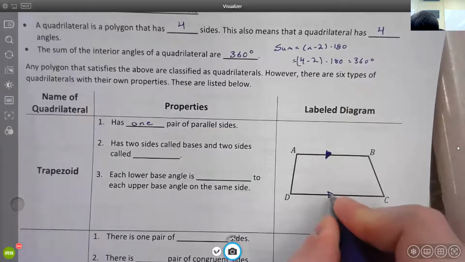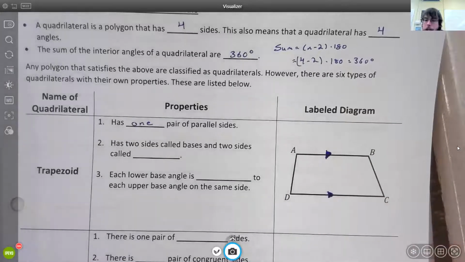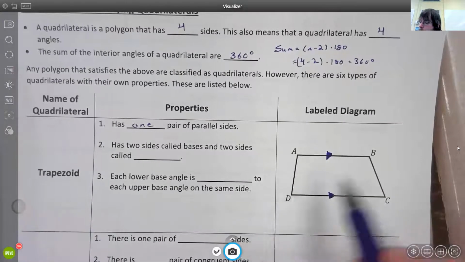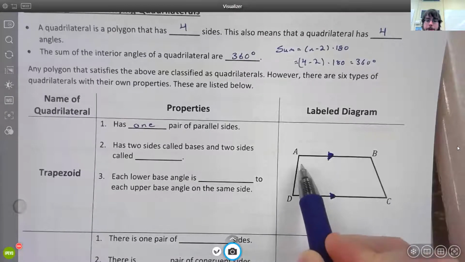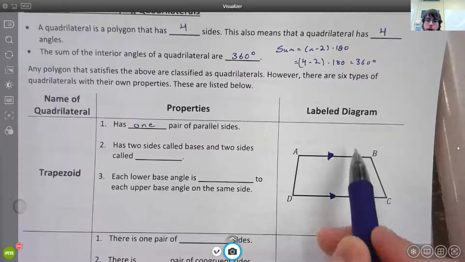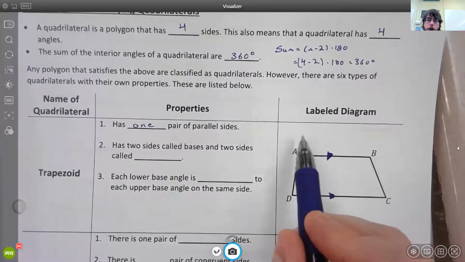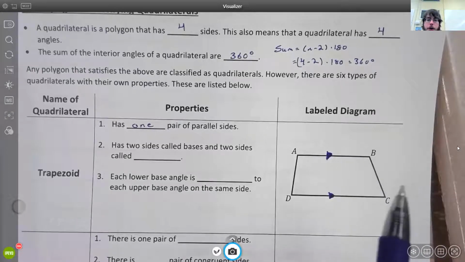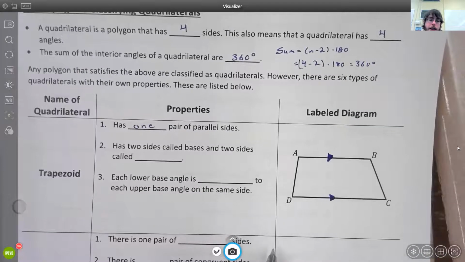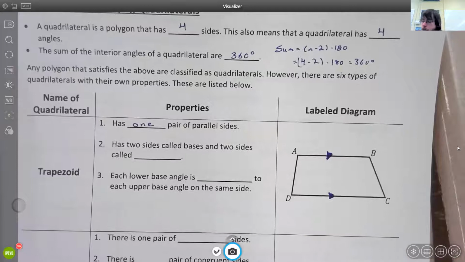I'll be doing that for the other ones, but just to show you, you can use triangles to indicate they're parallel. Now, AD and BC are not parallel because of the fact that, well, as you can see, they're at different slopes, and if they kept going, they would eventually intersect. These, on the other hand, would not. So it only has 1 pair of parallel sides, never 2.